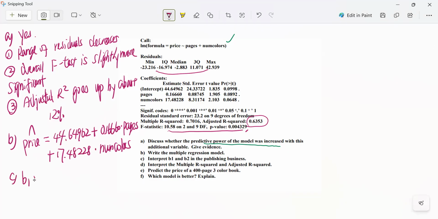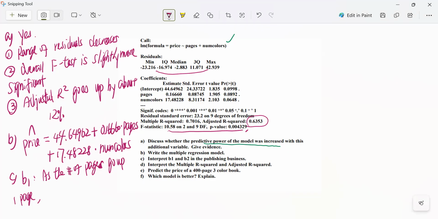So B1: as the number of pages goes up by 1 unit, 1 page, the price of the book will go up by 16.66 cents a page, taking into account, holding the other variable, number of colors, constant. So that's the number of pages.